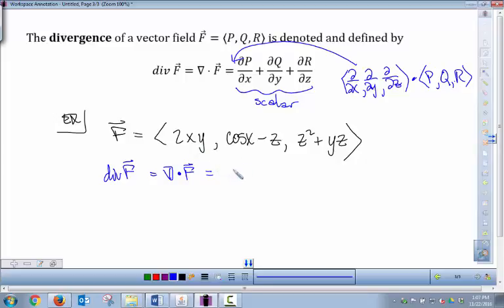So this is going to be 2y plus derivative of this thing with respect to y. There's no y's in there, so that's just going to be 0. Derivative of this thing with respect to z, 2z plus y. And then that's it. And then you get, if you want to simplify this, 3y plus 2z. But, you know, that doesn't matter. It's a scalar function. It's a function that is a scalar, and then you put values in for x, y, and z.